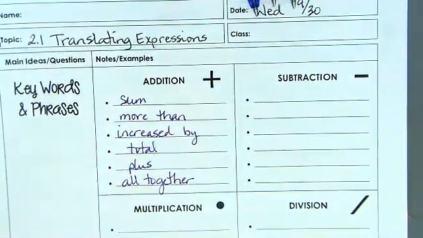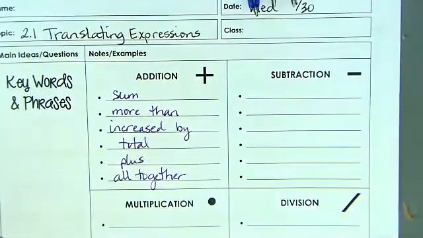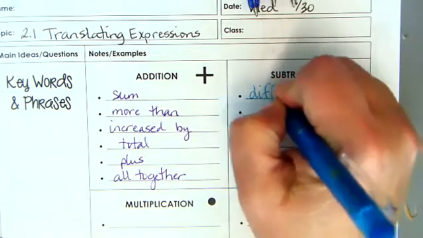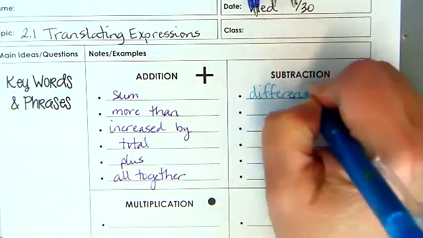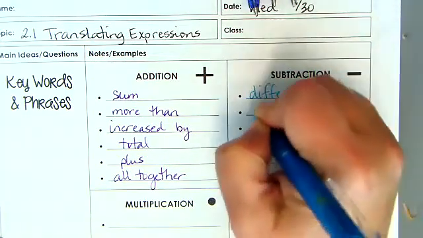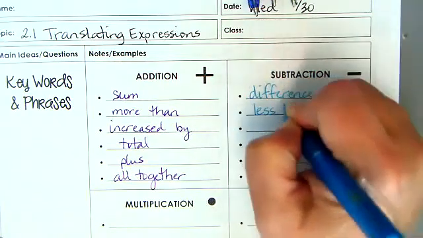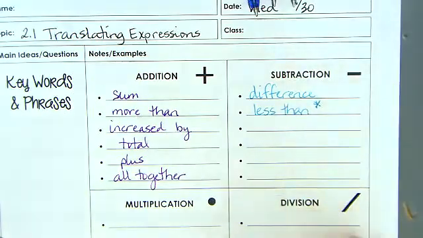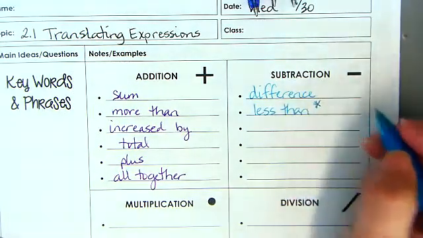Okay, talking about subtraction. Difference, less than. I'm going to put a little asterisk on here because we're going to talk about this a little bit more, because these have a special situation.